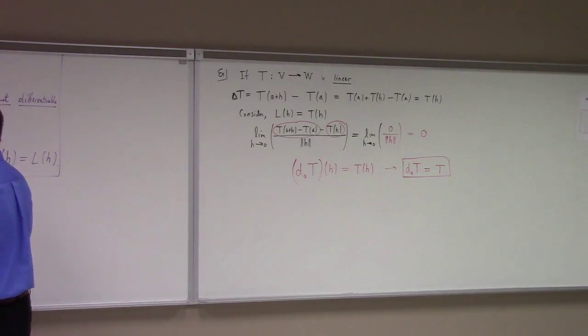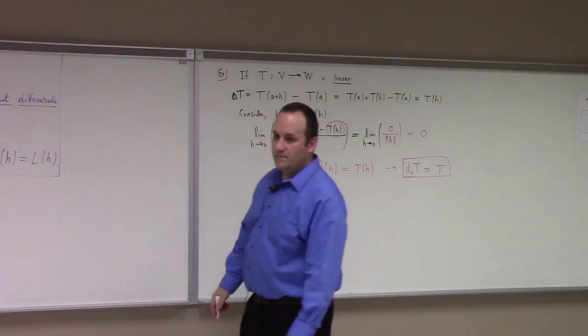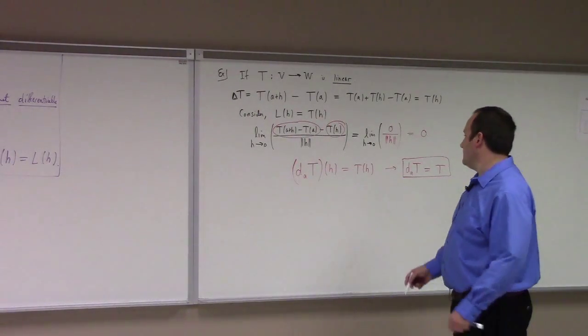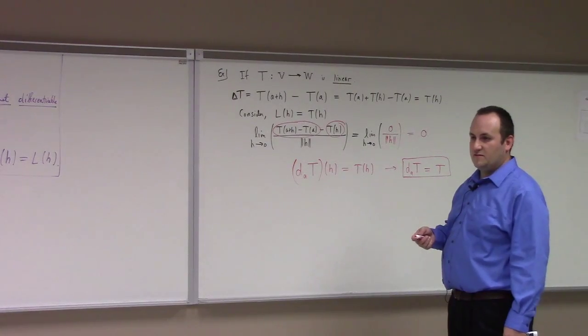This word differential I'm using for a linear transformation. We will soon talk about the Jacobian matrix, and that will actually be the matrix of this differential. But one thing at a time. How about if we had a constant function?